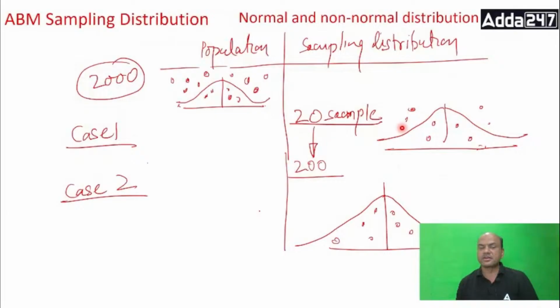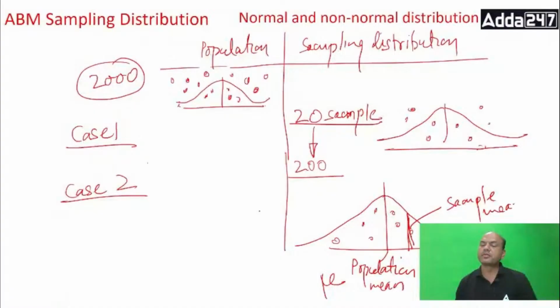Suppose I show you this: this is known as the population mean, called mu, and this is known as the sample mean. The difference between them is known as standard error.